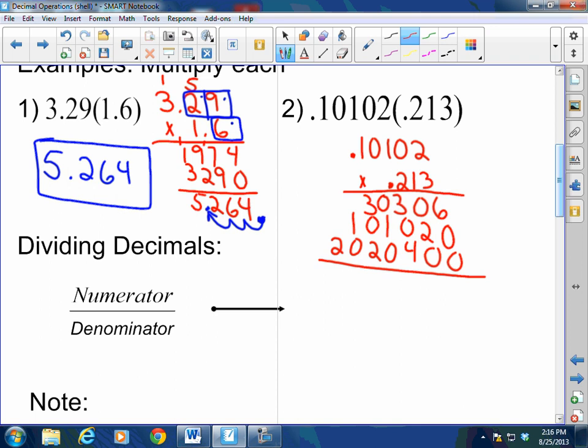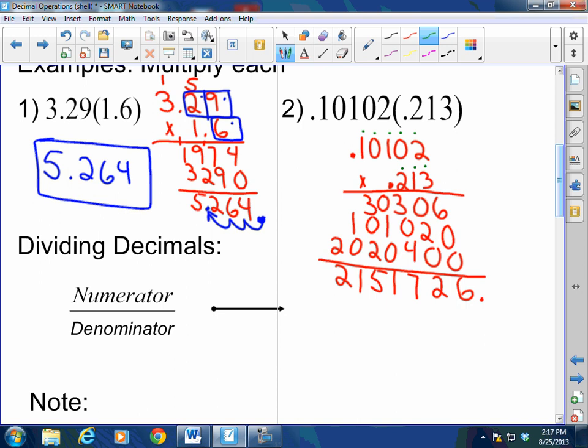Okay, so let's line it up. Stay nice and neat. It's all about neatness. It's all about organization. It's all about knowing where you put your answer. Now that's my product. I know that the decimal's over here at the end, but I've got 1, 2, 3, 4, 5, 6, 7, 8 numbers behind the decimal.